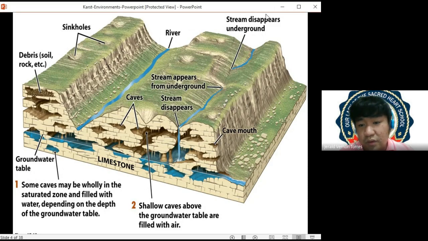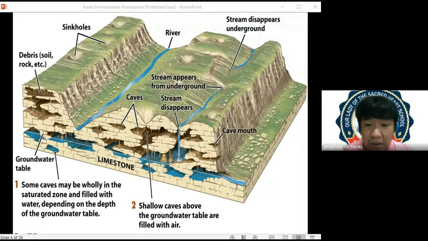So usually, what happens is that due to water action, specifically yung groundwater natin in our parent rock, nagkakaroon tayo ng desolvation of the parent rock. And this desolvation of the parent rock would cause the formation of cavities in the parent rock.